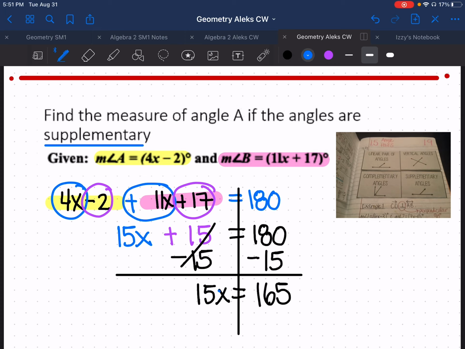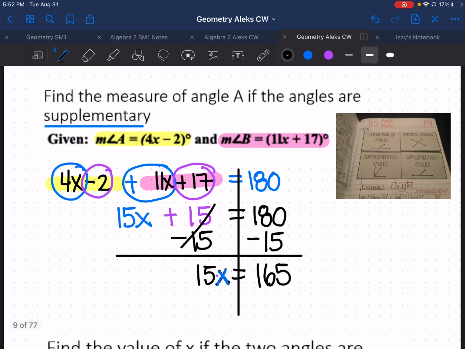Remember, your goal is to get this x by itself. Hiding between a number and a variable, a number and a letter, is the multiplication. And so I simply have to get rid of it by dividing by the number in front of the variable. I'm going to put my answer over here. 165 divided by 15 is 11.